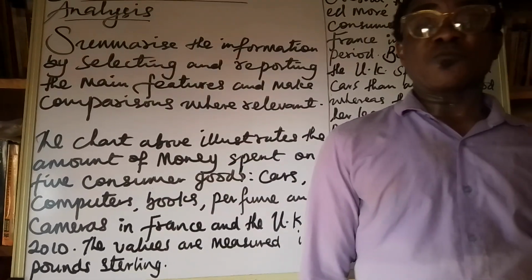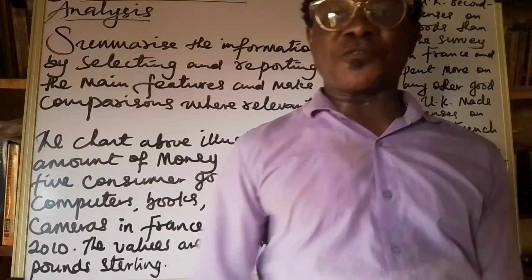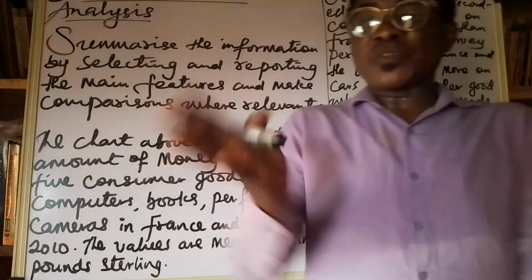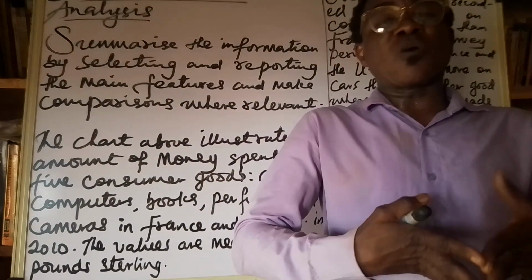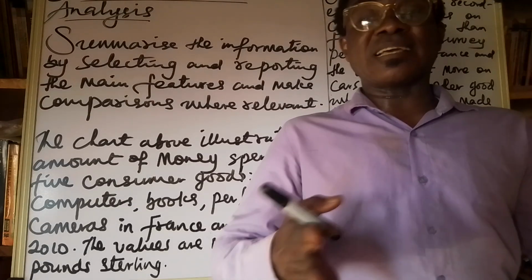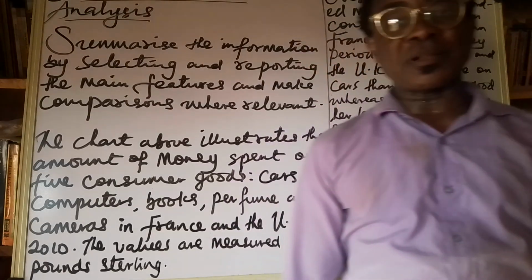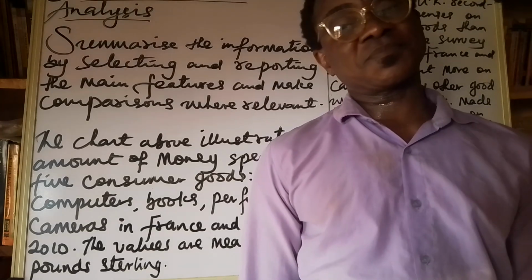In the second paragraph, we are to present an overview, a generalized view of what we are able to see at a glance on the economic model. The economic model is a bar chart.